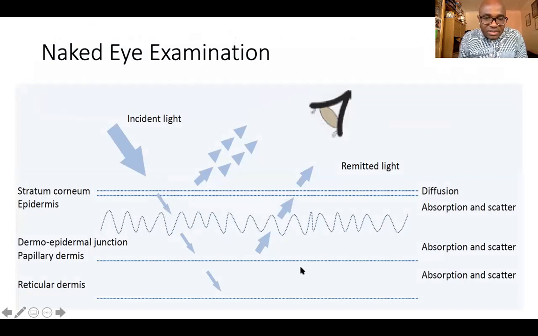This is the dermis, and obviously most of the light gets reflected out from the stratum corneum, and because of that, there is less remitted light coming out, and lesions in the papillary dermis or reticular dermis are less visible for you to appreciate.